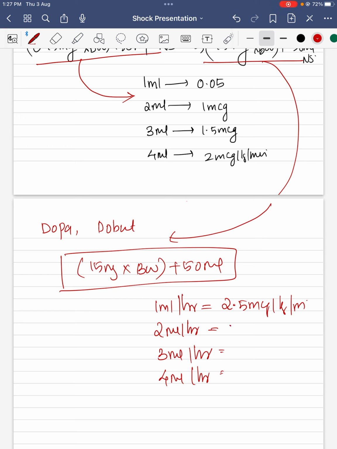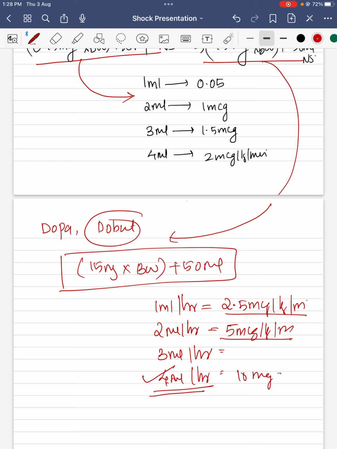2 will be 5 microgram per kg per minute, and our dose of Dobuta usually we start with 5, so 4 will be 10. So usually we can start with 4 ml per hour of rate, so it will be 10 microgram. So 1 will be 2.5, 2 will be 5, 3 will be 7.5 microgram, 4 will be 10, next one 12.5, then 6 will be 15.